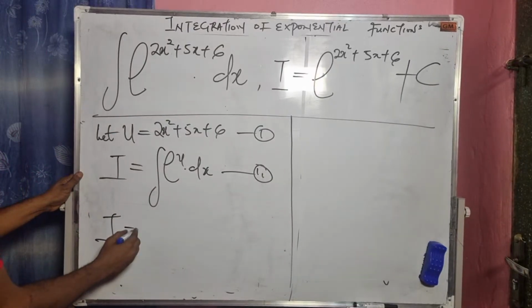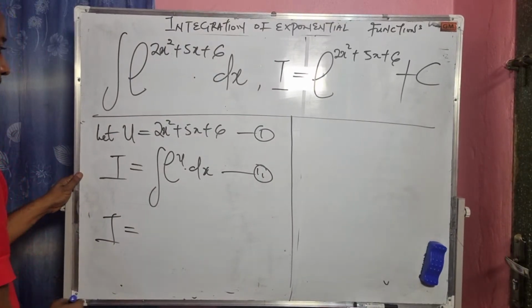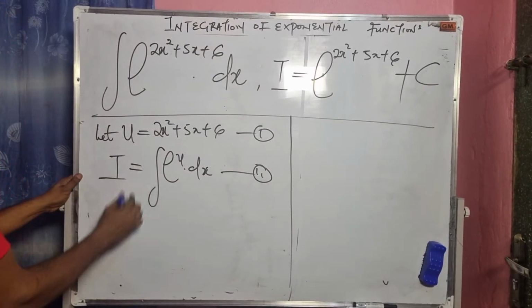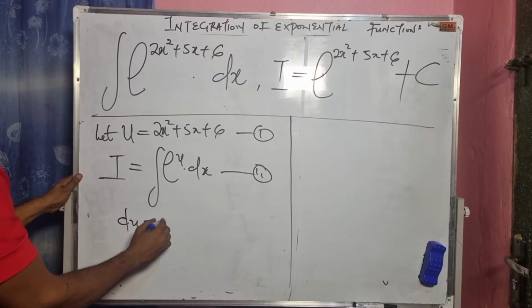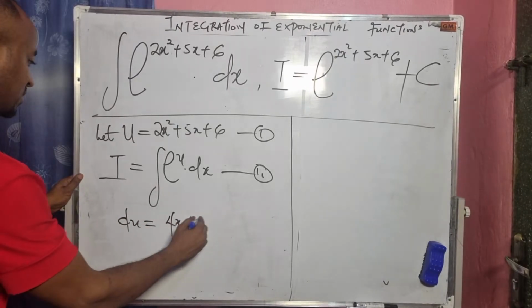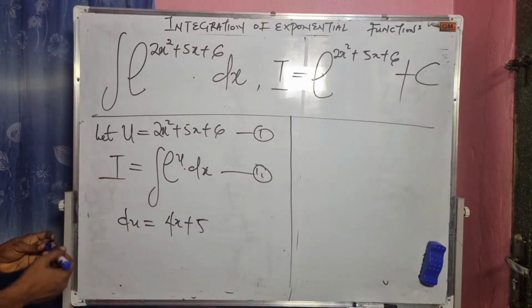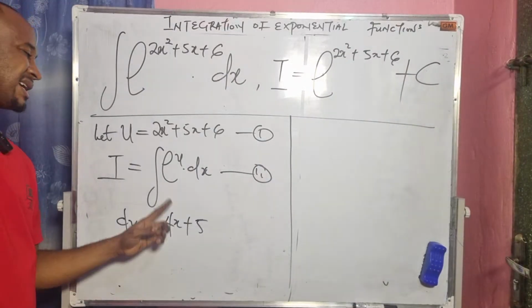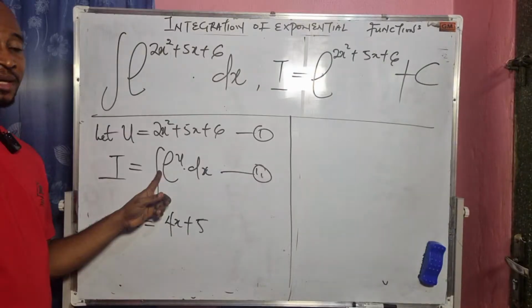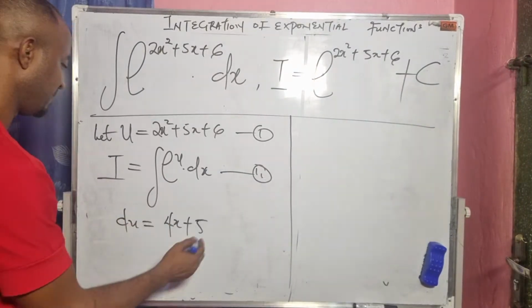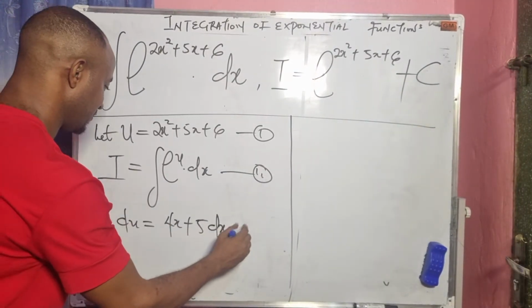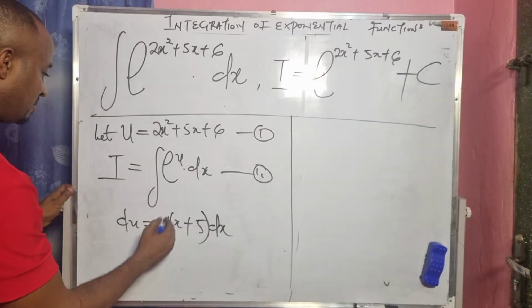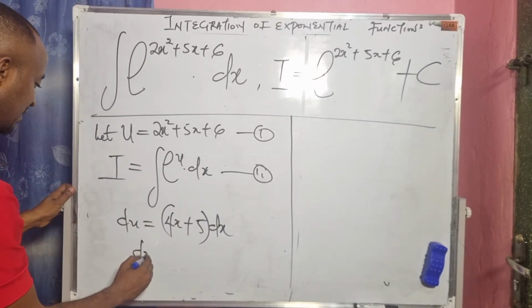So let's differentiate this. We said du will give us 4x plus 5 dx. What do you notice here? I'm having a function that cannot cancel out here. Let's make our dx the subject.